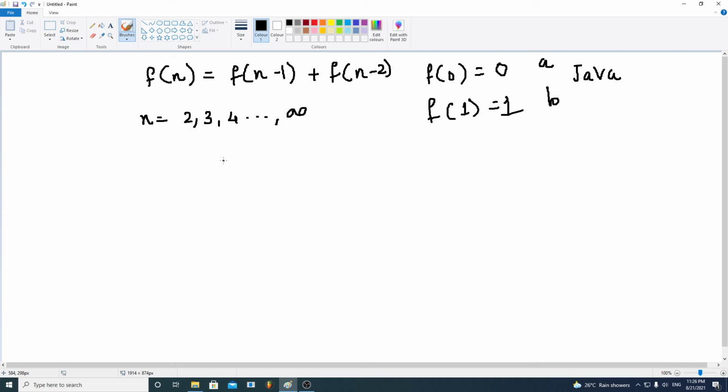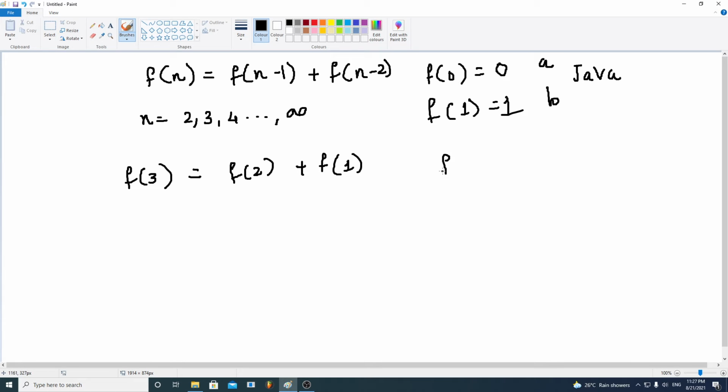So coming over to the mathematical equation, we have f of n is equal to f of n minus 1 plus f of n minus 2. Let's go ahead and solve for, say, f of 3. What will be f of 3? According to this equation, f of 3 will be nothing but f of 2 plus f of 1. Wait, what?